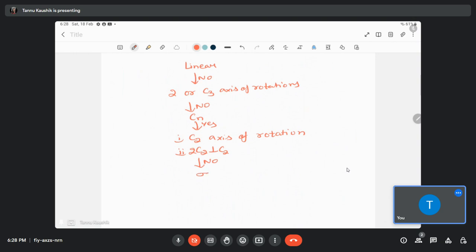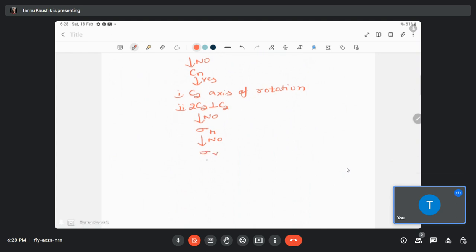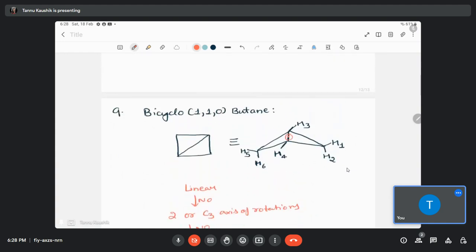Now we will be checking, do we have a horizontal plane here? No, we don't have a horizontal plane. But do we have sigma v planes here? Yes, we have two sigma v planes passing through this principal axis of rotation, bisecting the molecule like this and like this.